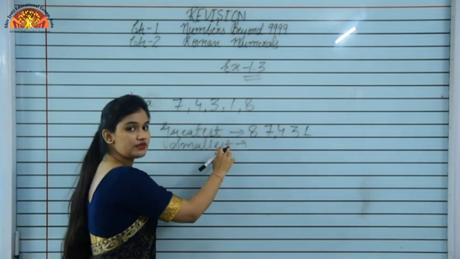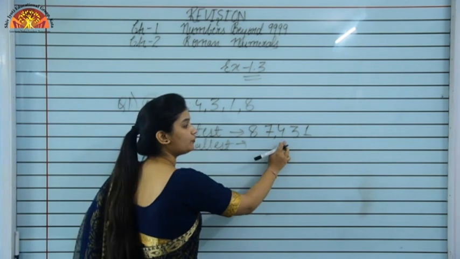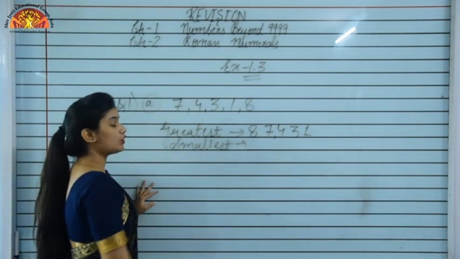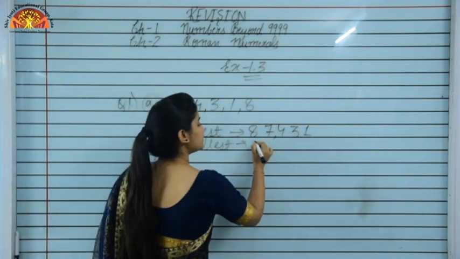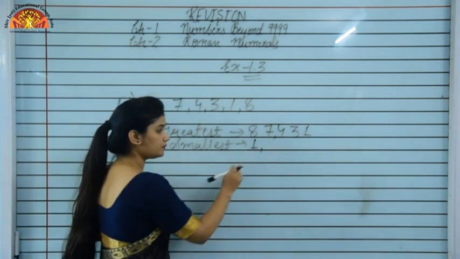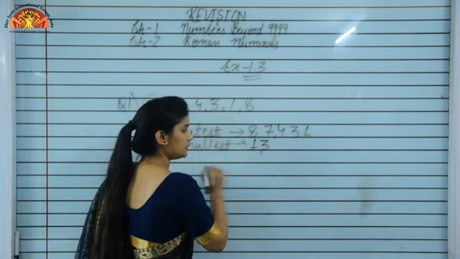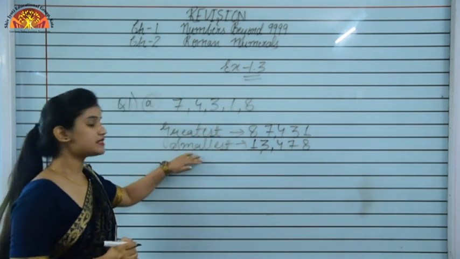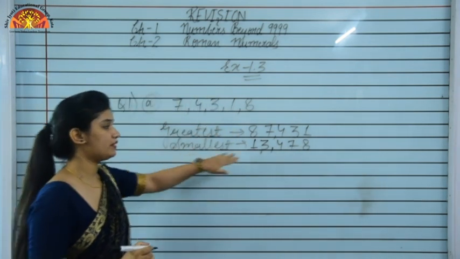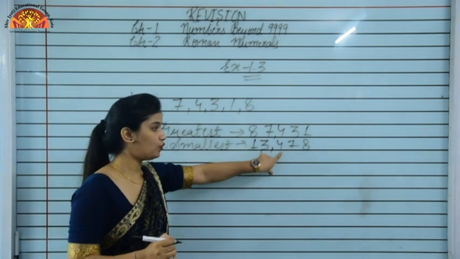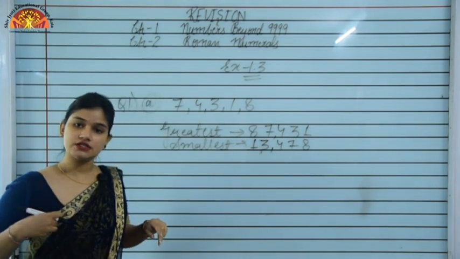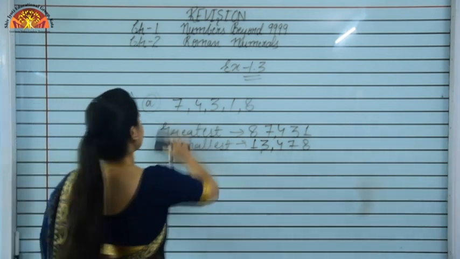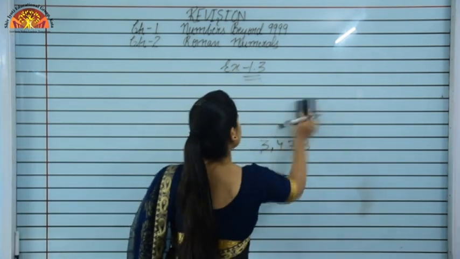So the greatest 5-digit number is 87,431 and the smallest 5-digit number, first we'll take the smallest digit, that is 1. After 1, 3, then 4, 7, 8 and the smallest 5-digit number is 13,478. Understood?